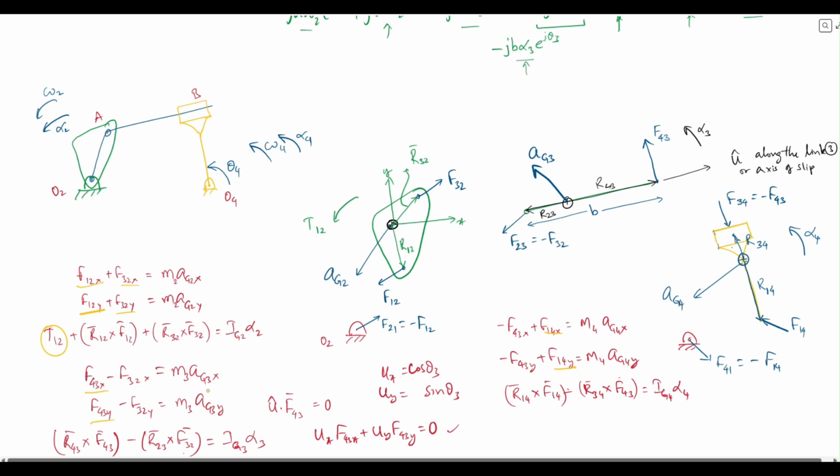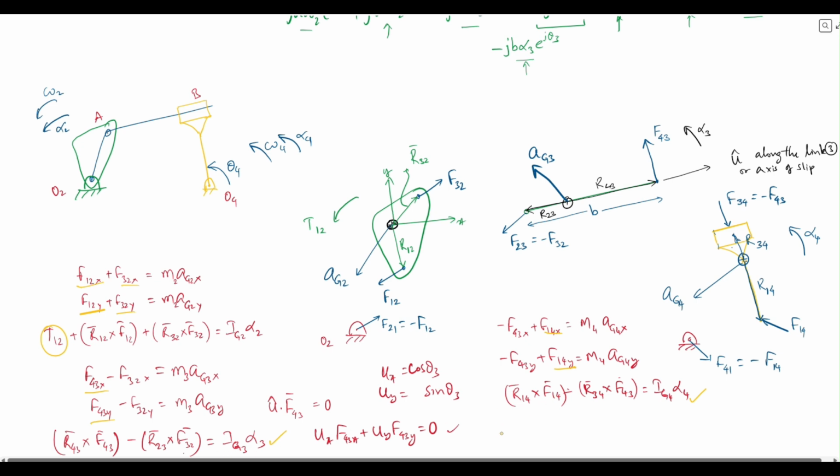So what we can do is take the torque equation for link 3, and the torque equation for link 4, and we can write one in a combined form, because we know alpha 3 is equal to alpha 4.